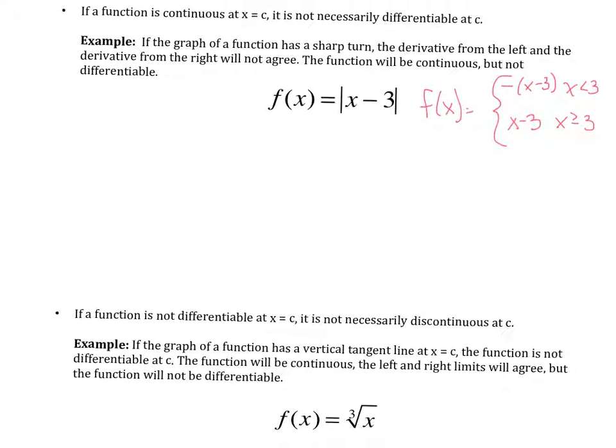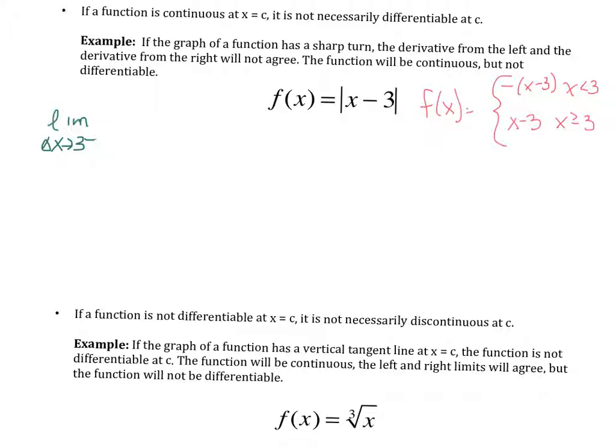So now we're going to use the definition of derivative to look at this function as we approach 3 from the left and from the right. So the limit as delta x approaches 0, with 3 as our point in question.